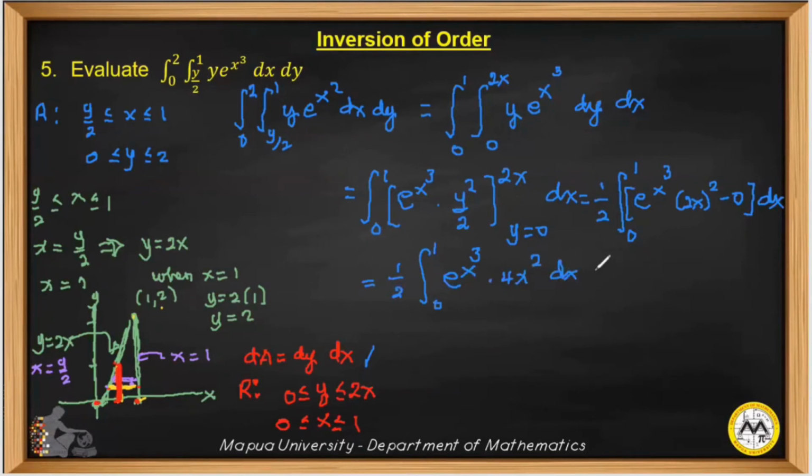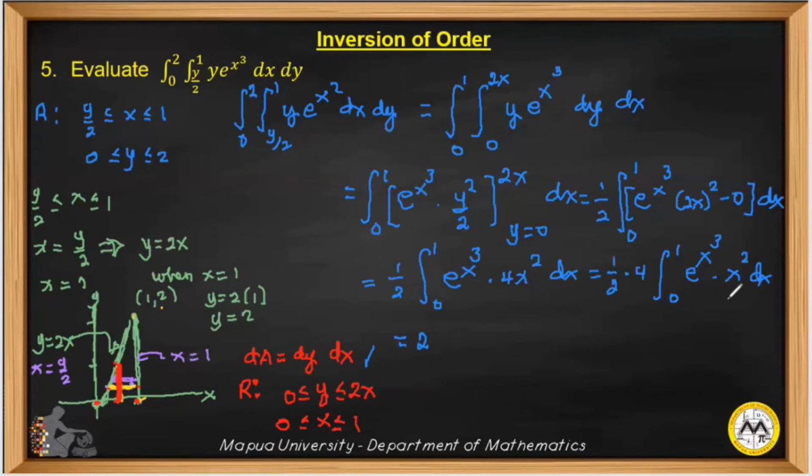And if we write 4 before the integral sign, that gives us 1/2 times 4 integral from 0 to 1 of e raised to x cubed times x squared dx. Of course, 1/2 times 4 is 2. So we will have 2 times the integral of e raised to x cubed times x squared dx.